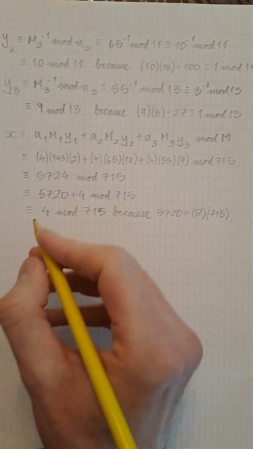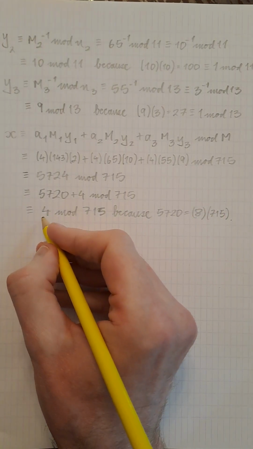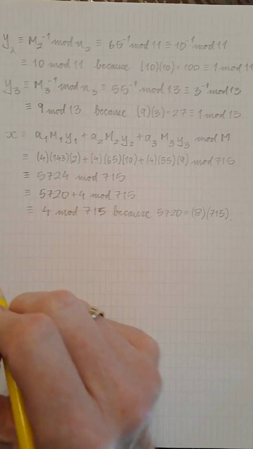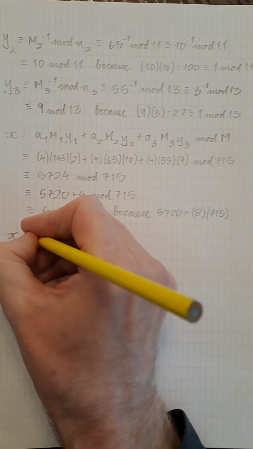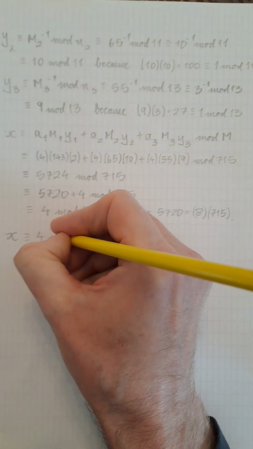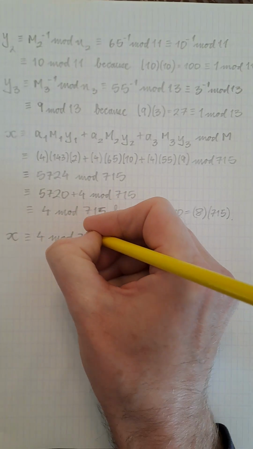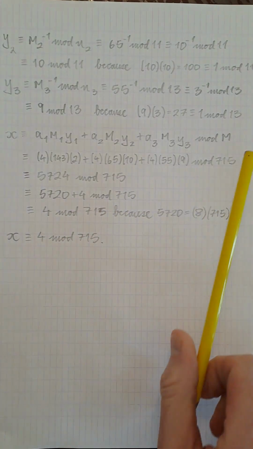So our overall answer then, after that calculation, is that x is congruent to 4 mod 715, which we could have predicted at the start, but that has now been confirmed by the Chinese remainder theorem.